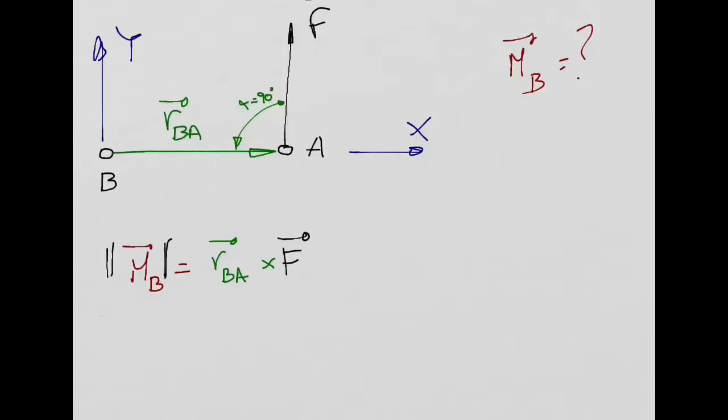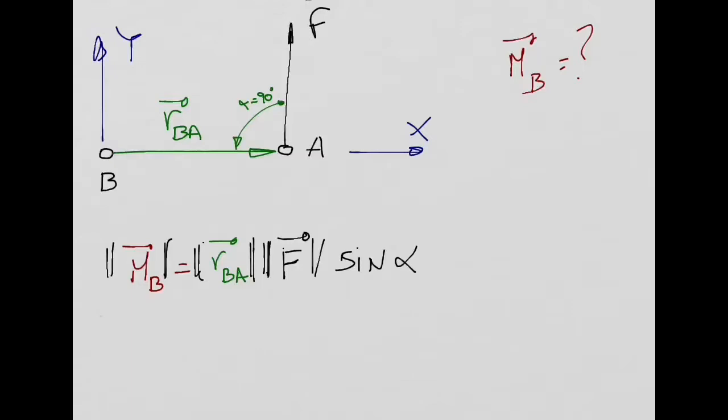Well, from the definition of the cross product, the norm of a cross product is equal to the norm of the first vector, RA in this case, times the norm of the second vector, which is the force, times the sine of the angle that is made between these two vectors.